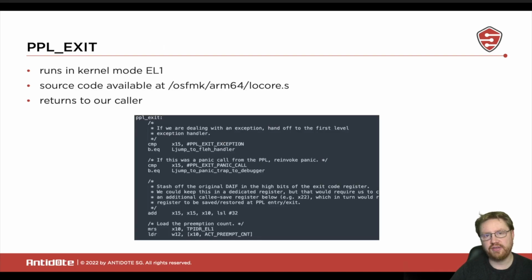And because this is now code that runs in the kernel again, it's not considered secret anymore by Apple. So this code here is actually part of the official XNU source code. So you can find it in osfmk/arm64/lowcore.s. But this code here eventually will actually just return to the caller of the API function.